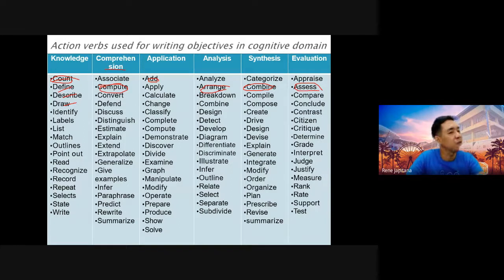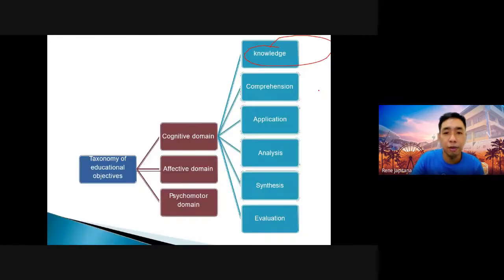I think you can really identify that the subject matter on this is all about numbers, addition, mathematics. So simple as that. From count for knowledge, when it comes to comprehension, compute. So the degree becomes higher. But that is only for the cognitive because it involves critical thinking, the use of our mind.